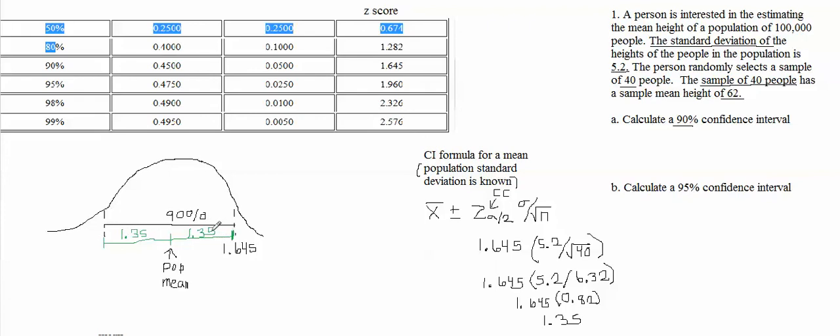And since this is our margin of error, this is what we add and subtract from our sample mean. So I said that the mean of the sample came out to 62. So let's add and subtract 62 and 1.35. Well, first let's subtract.